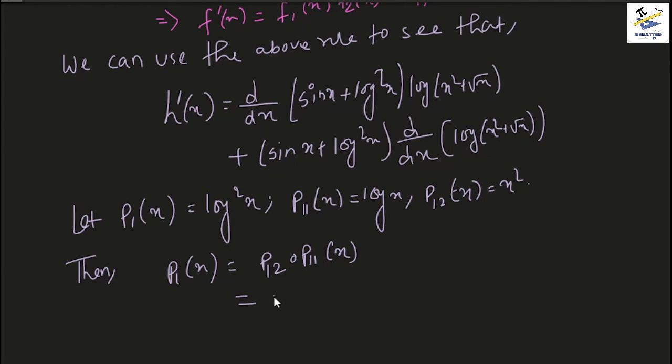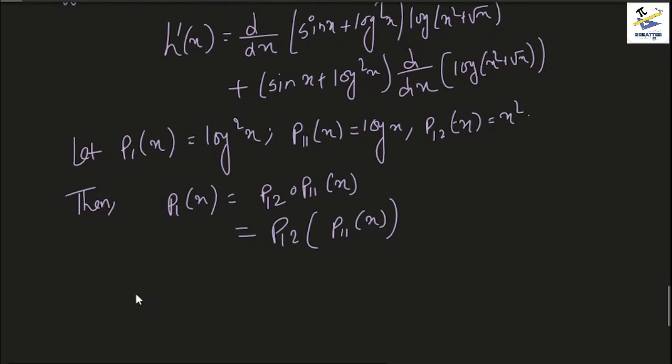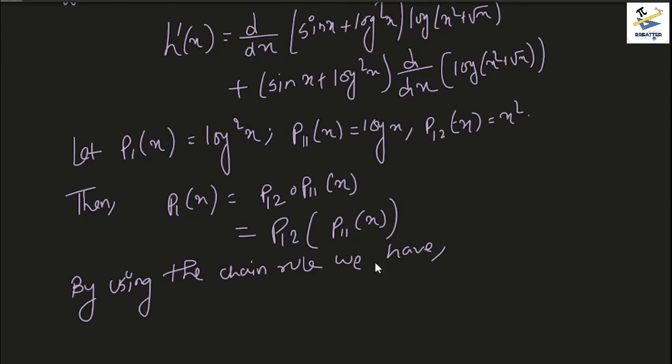So this is equal to p12 of p11(x), and by using the chain rule we have p1 prime x equals p12 prime of p11(x) into p11 prime of x.